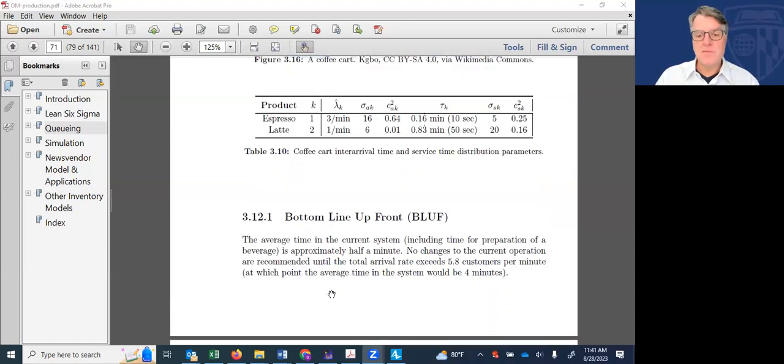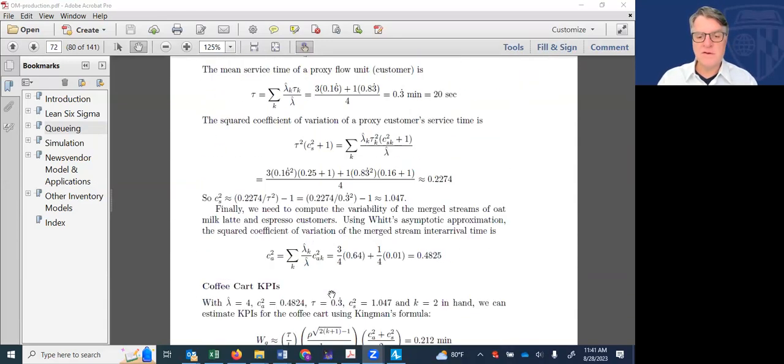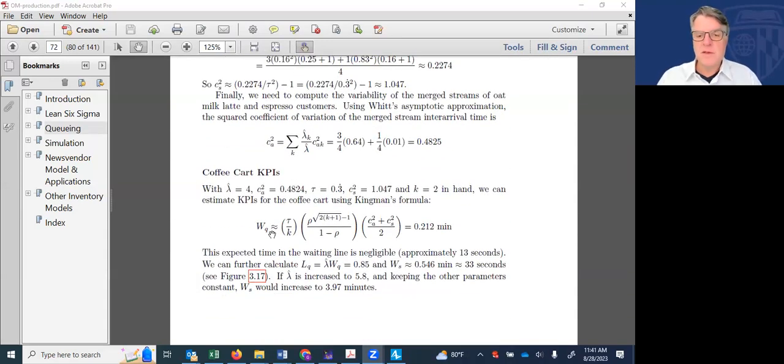We have queuing analysis performed using approximations due to Ward Whitt in his queuing network analyzer, and also using Kingman's formula, which in itself is a heuristic, an estimate of what the waiting time on average is for both types of customers. It is 13 seconds.